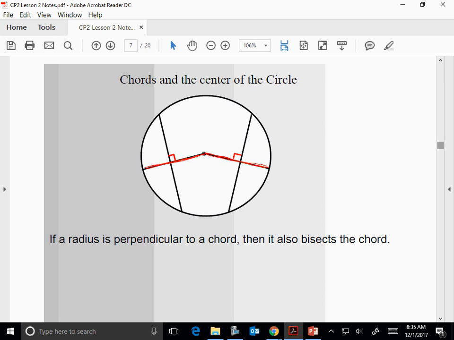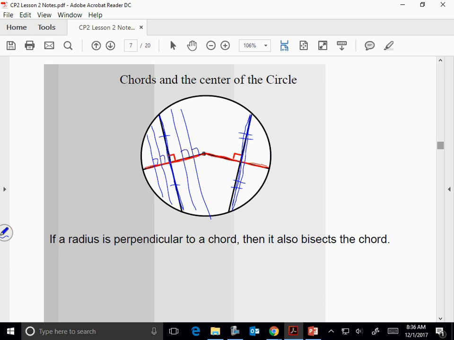Now, if that radius is perpendicular to a chord, then it bisects that chord. Does that make sense? Now, it doesn't guarantee that those two chords are the same length, because I could draw another chord like this, and like this, and like this, and it might be perpendicular to all those and bisect all of those, but all those chords aren't the same length.